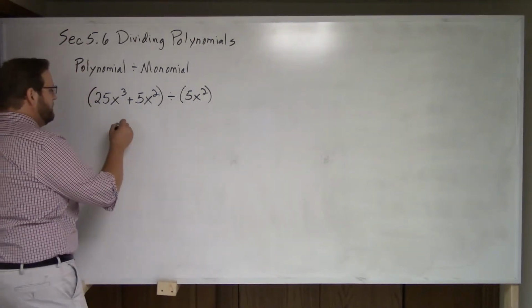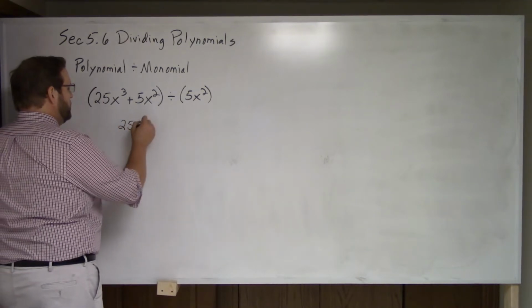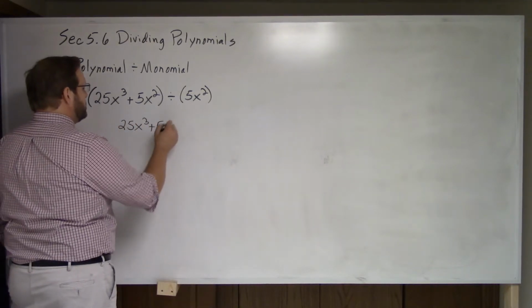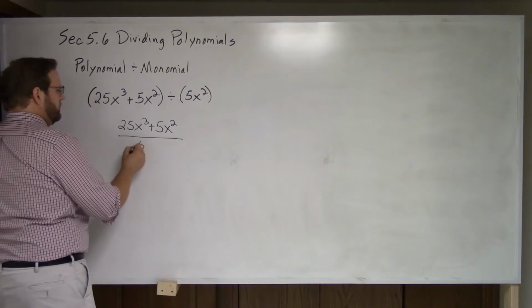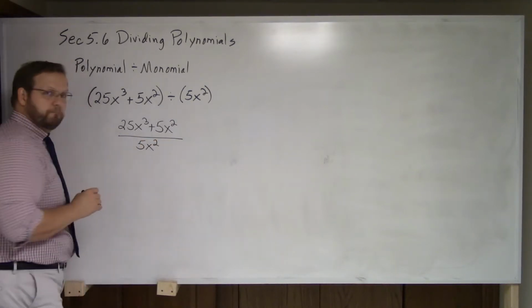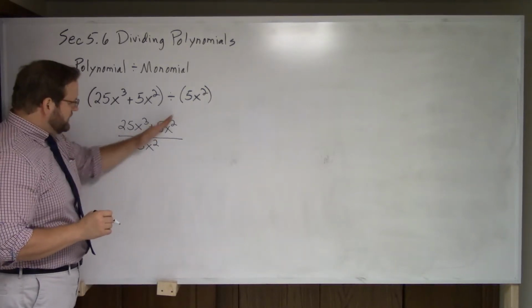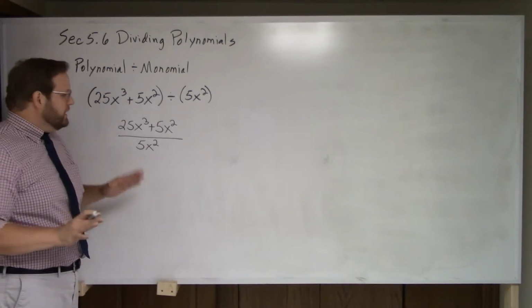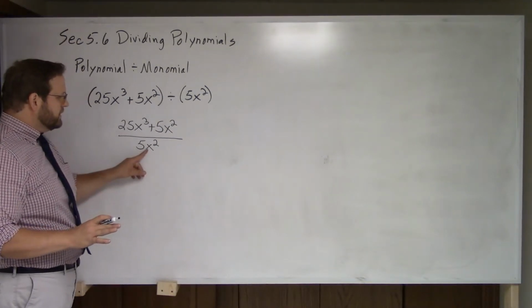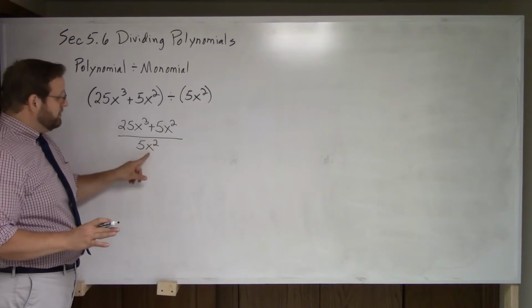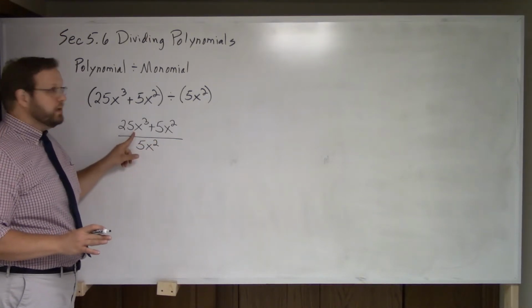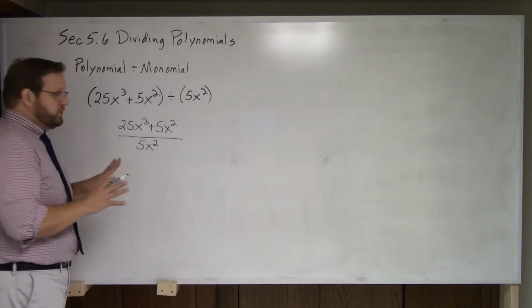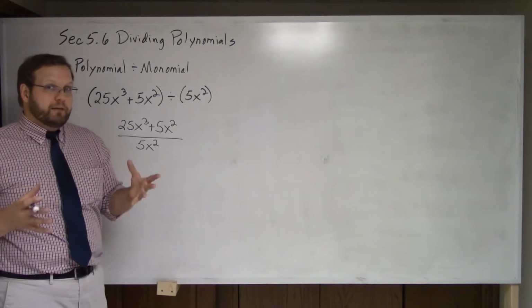So what we have is 25x cubed plus 5x squared over 5x squared. A lot of people want to just cancel this out and call it a day. The problem is this is dividing here, but it's also dividing here. So what we're going to do is what I like to call the breakup method.